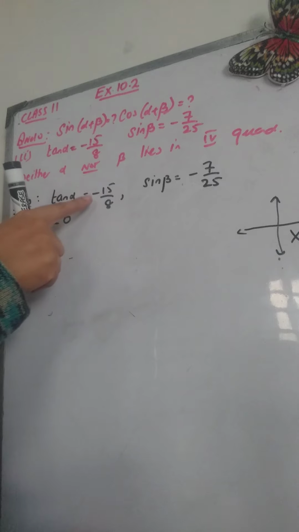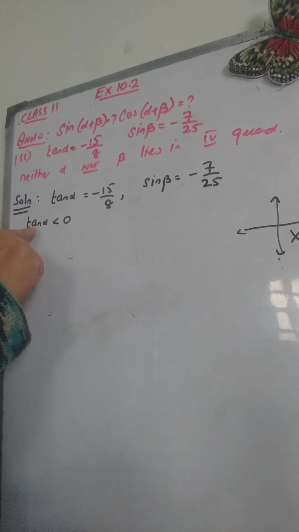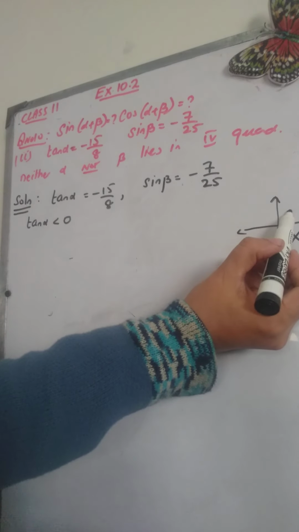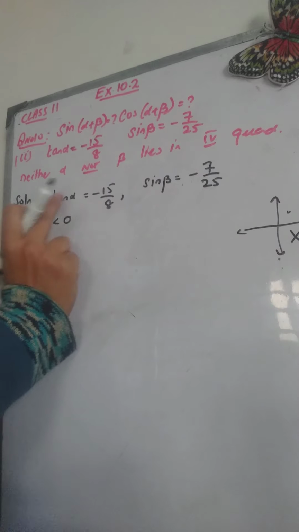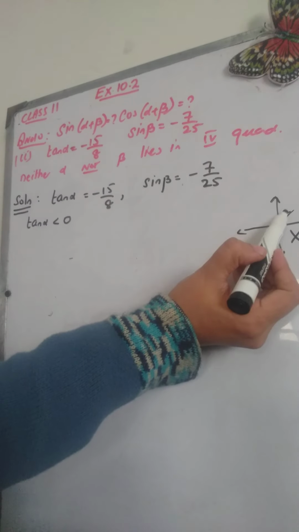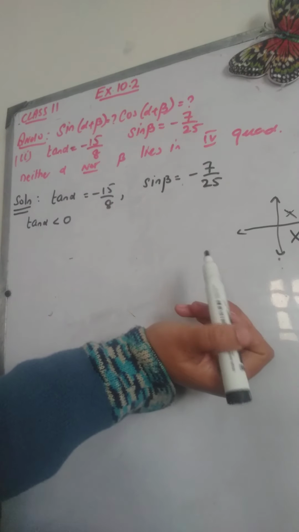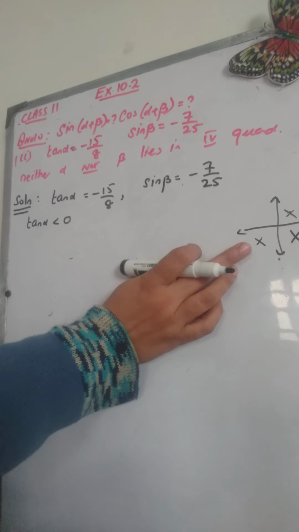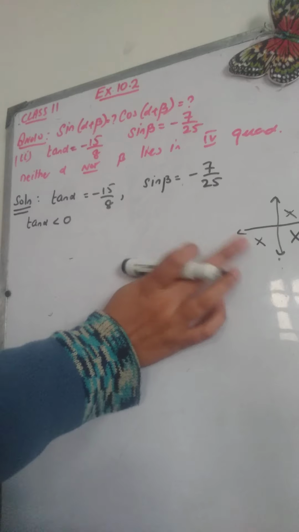Tangent alpha is equal to negative 15/8, and it is less than 0. We know tangent is positive in the first quadrant, so as tangent is negative, it won't lie in the first quadrant. Also, it can't lie in the third quadrant, because in the third quadrant tangent is always positive.